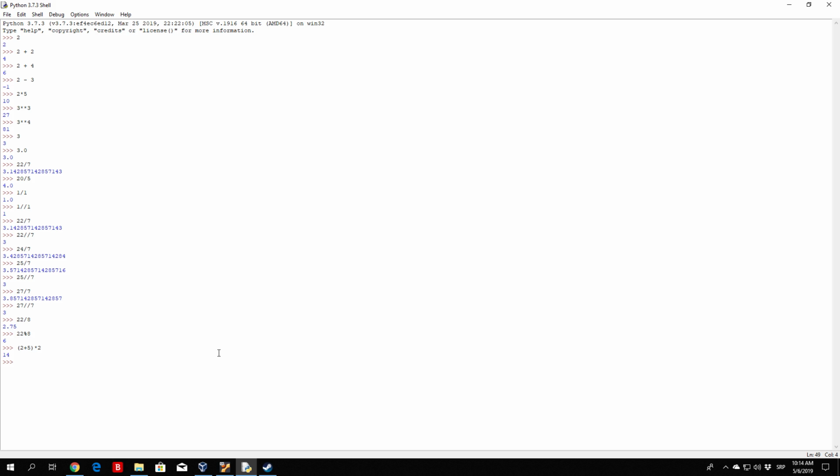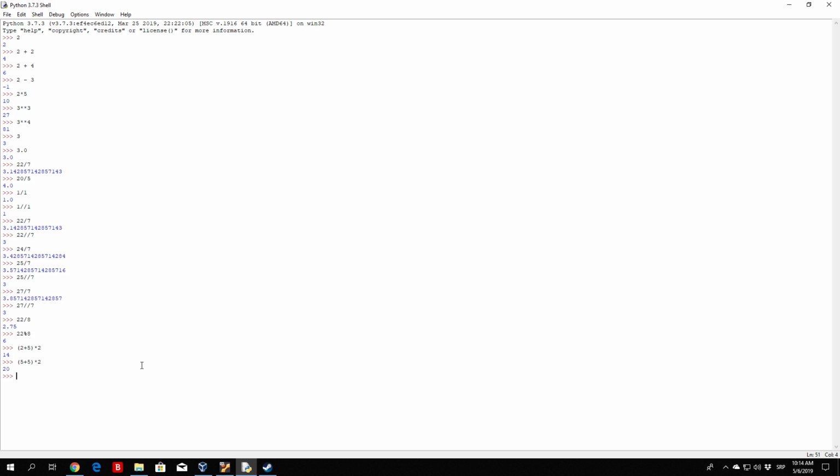So for example, as in math, if you specify open and close brackets, and you type, for example, 5 plus 5, and times it with 2, the result by math should be 20, since 5 plus 5 is something that we do first, which is 10, and then we times it with 2, which is 20. And if you just press enter, the result in Python 3 will be the same, so we know that the brackets have the biggest precedence in Python 3 as well.